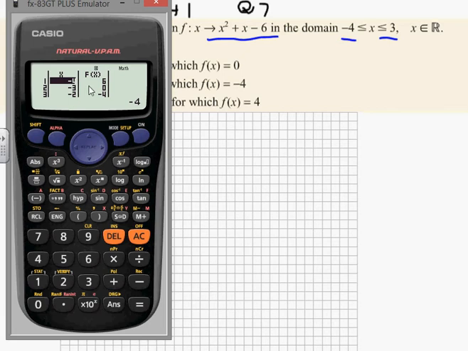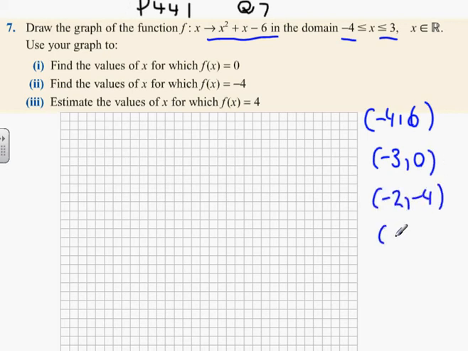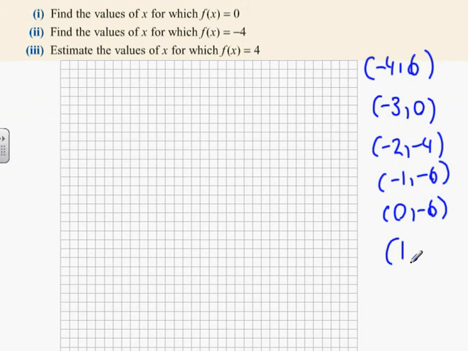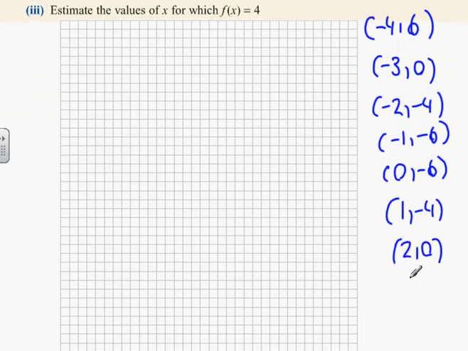What do we do next, guys? Write out all the points. Barry, call them out to me. -4, 6. Yeah. -3, 0. -2, -4. -1, -6. Thank you. 0, -6. 1, -4. 2, 0. 3, 6. That's it.